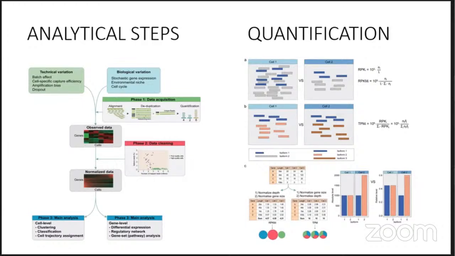The RPKM is the reads per kilobase, which is calculated by multiplying the read counts of an isoform by 1000 and dividing by the isoform length.